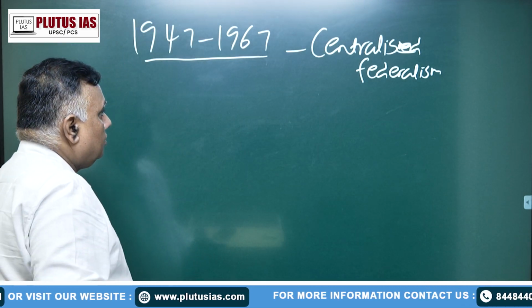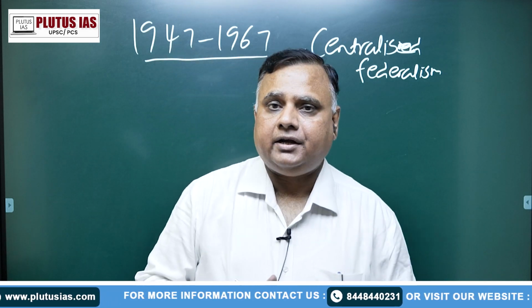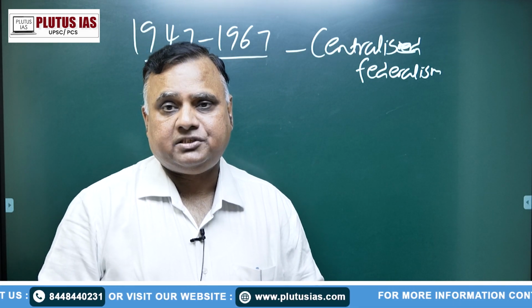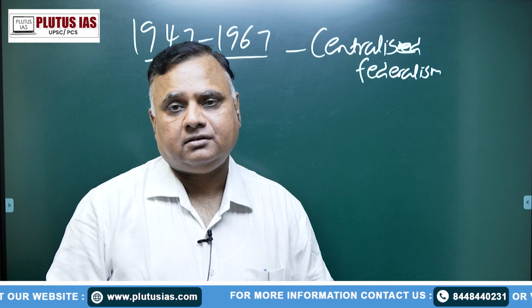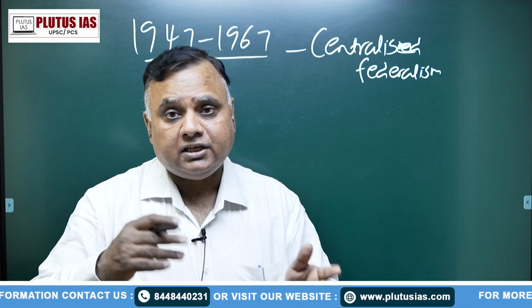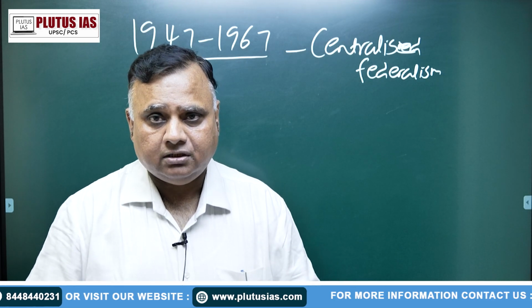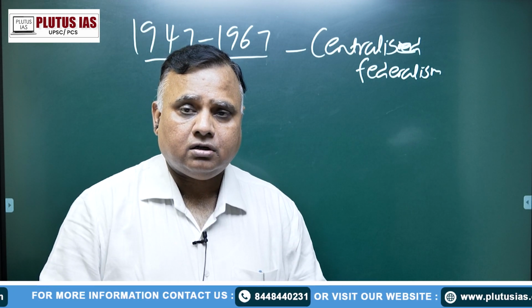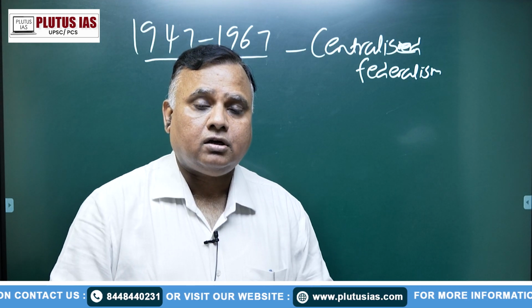So the most dreaded article by the states was Article 356. President's rule in a state based on breakdown of constitutional machinery, which is judged by the center, not by the judiciary. Whether there is a breakdown of constitutional machinery in the state or not will be judged by the center, not by the court.